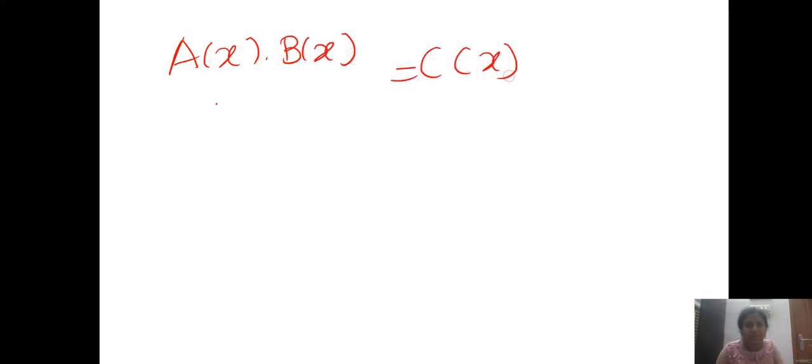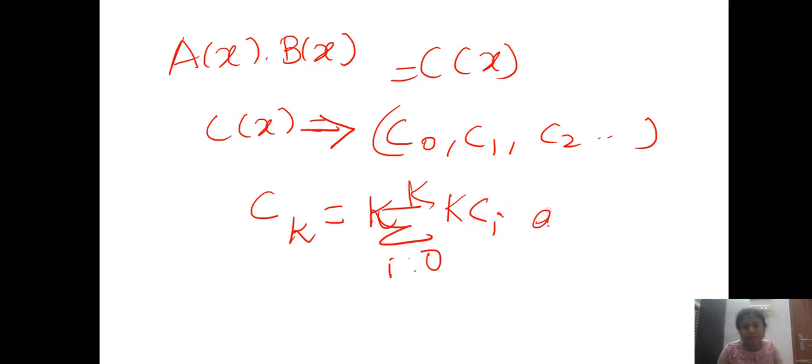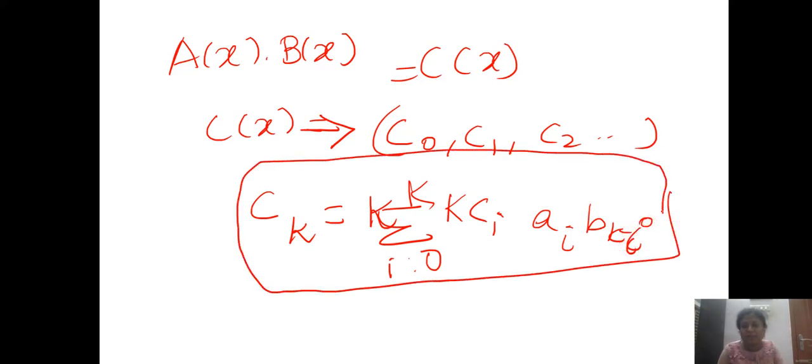Now if A of x times B of x is equal to C of x, then C of x is an exponential generating function for some sequence C0, C1, C2, and the general term CK will be equal to the summation for I from 0 to k of K choose I, AI times BK minus I. Know that this will be the term.